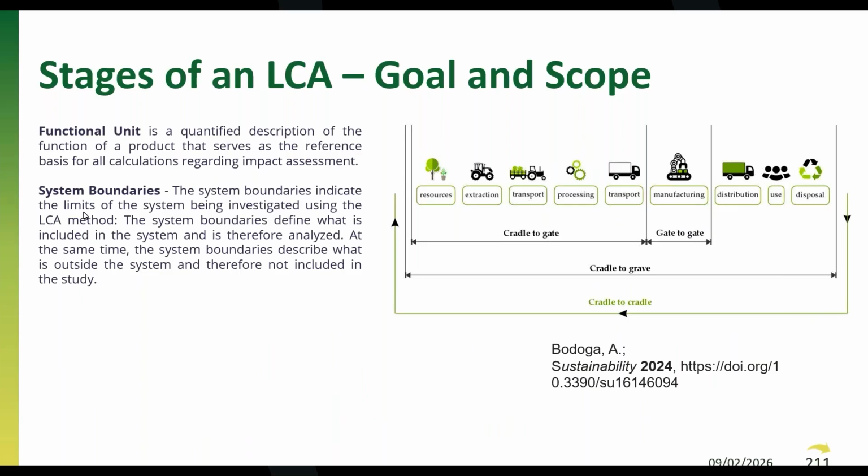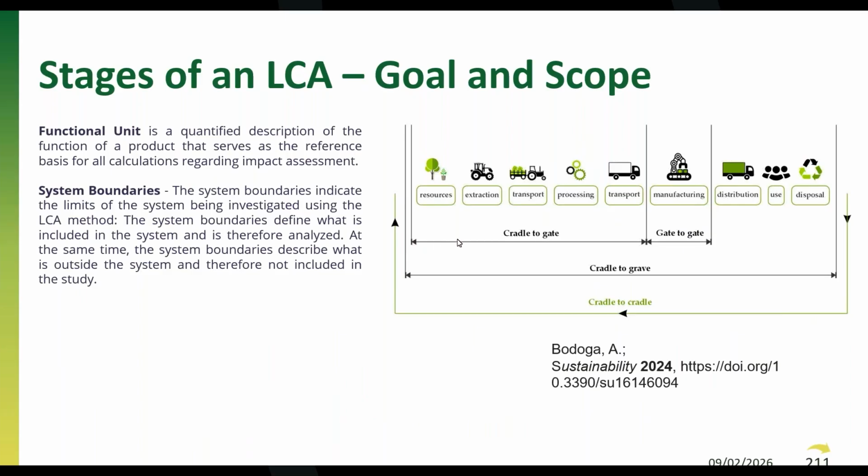The boundaries are indicating the limits of the system that we investigate using the LCA method. So basically, they're telling us where we start and where we stop. So the largest, the full life cycle, is cradle to cradle, where we're going from resource extraction all the way to resource reimplementation.